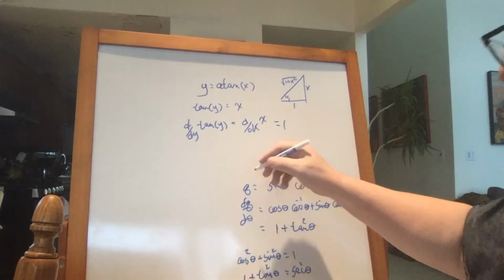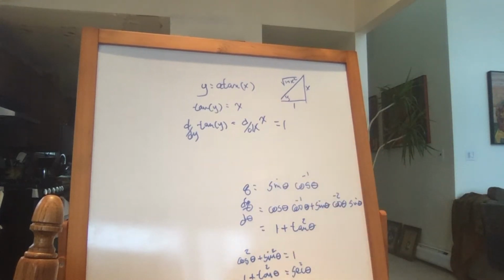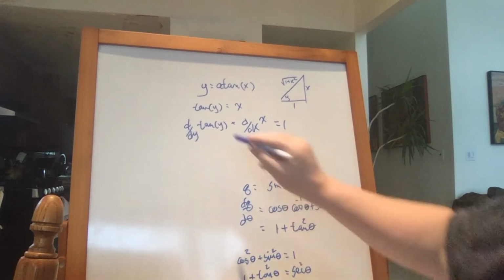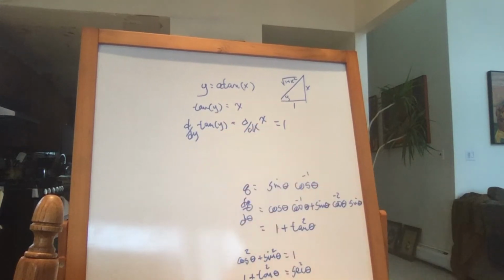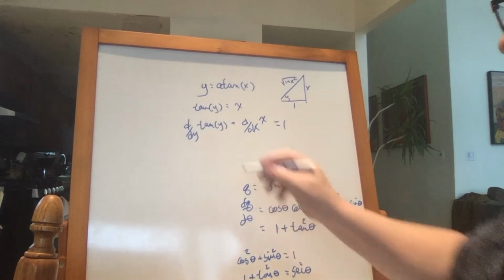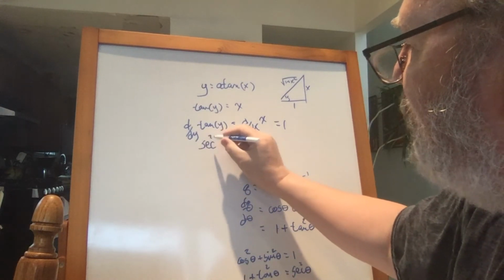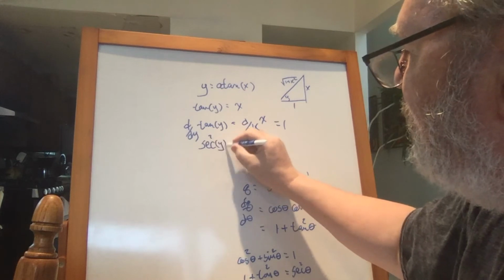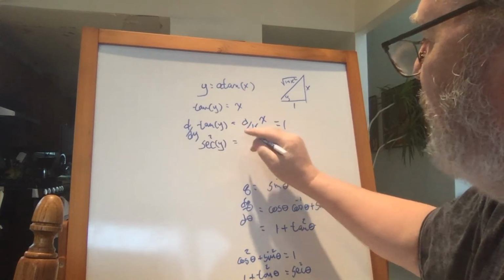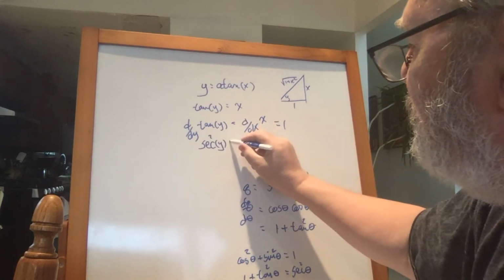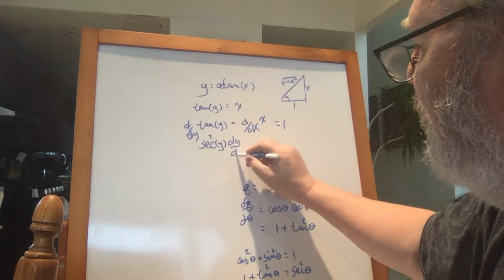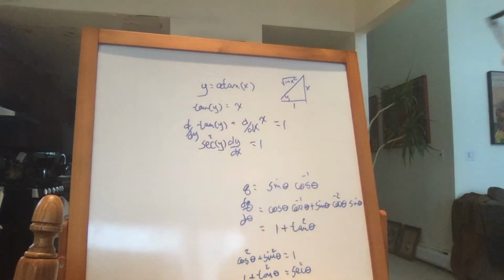So we end up with this derivative being the secant squared of y, dy/dx equals 1.